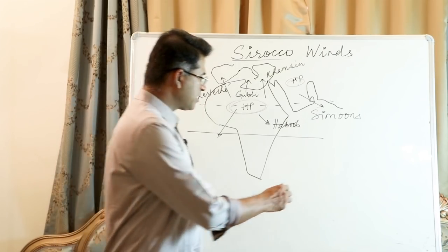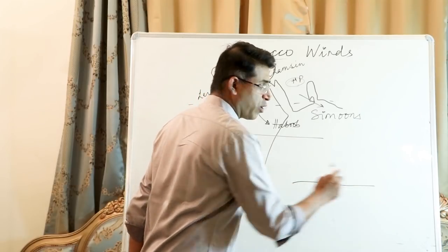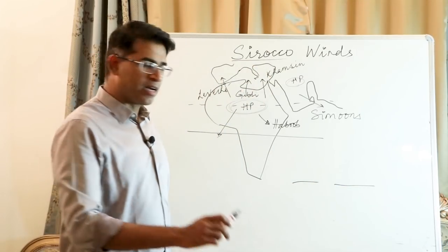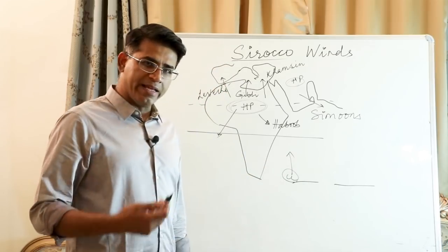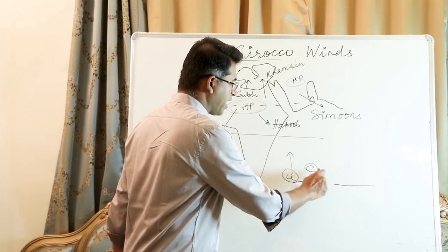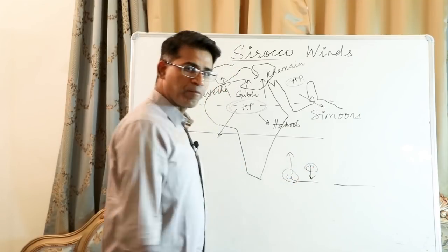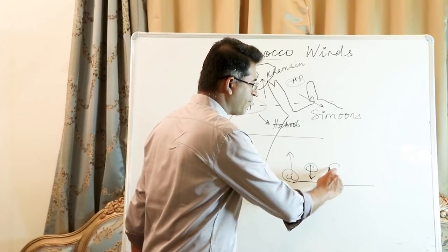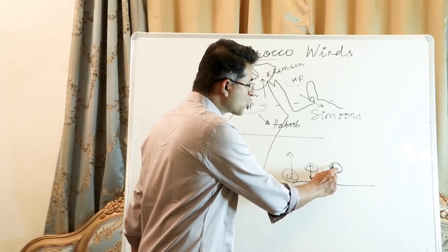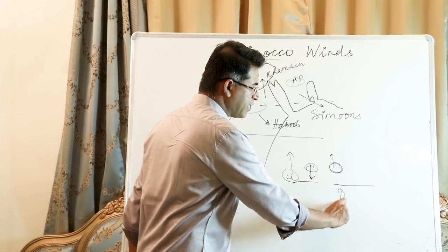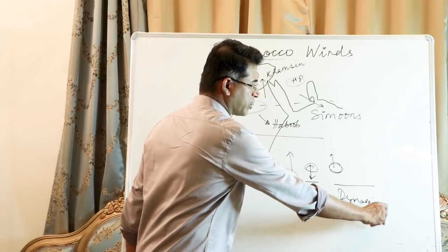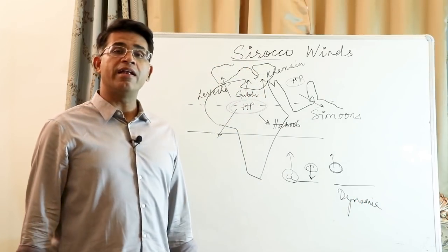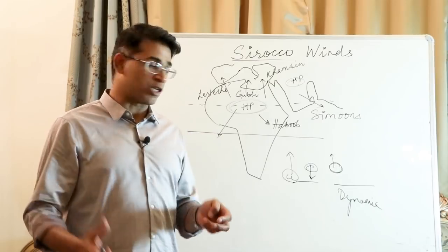So if this is the surface of the earth, in general, warm air should be rising, and in general, cold air should be sinking. But if I have some warm air, it should rise, but there is an impact of dynamic modifications, an impact related to Earth's rotation.